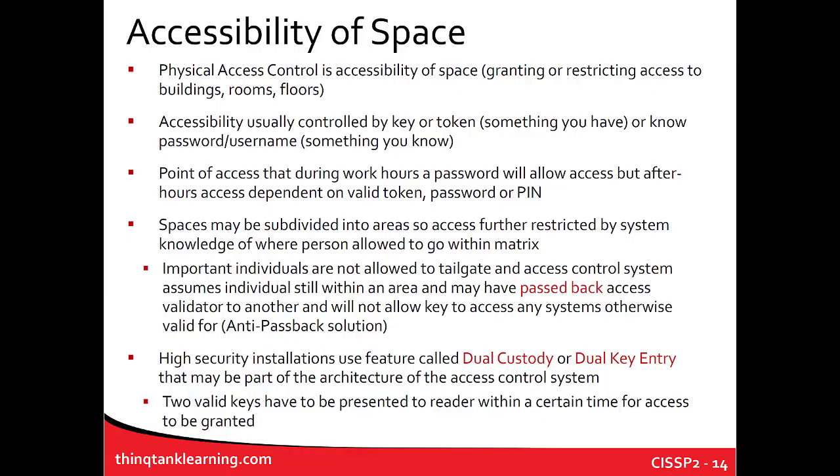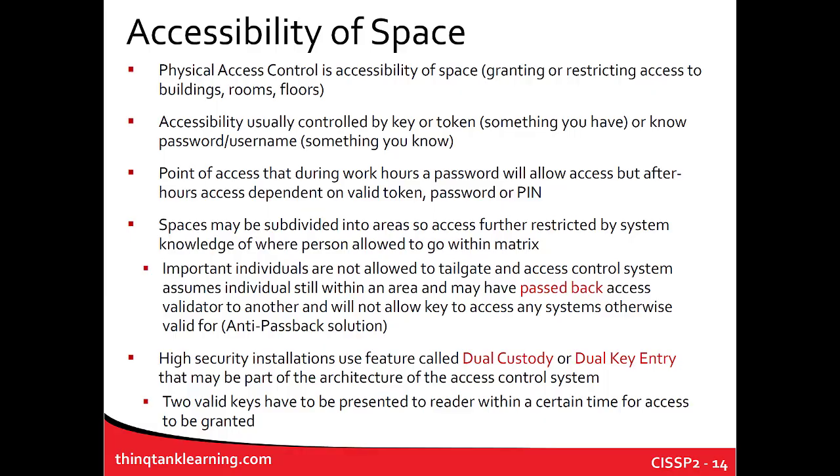We can also employ things like dual custody or dual key entry, meaning that we have to have two separate valid credentials that have to be presented within a specific time window before we can grant access. All right? So physical access control restricts entry to physical spaces with keys, tokens, passwords, and biometrics.